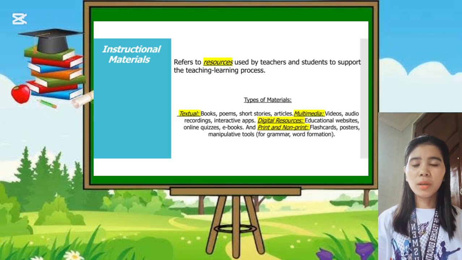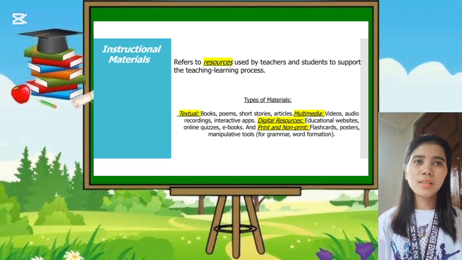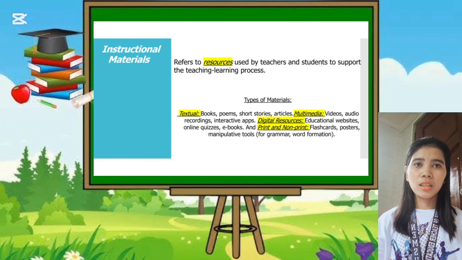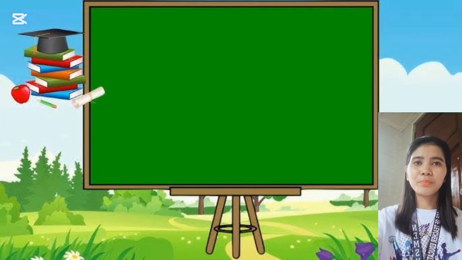These are the types of materials. Textual materials refer to books, poems, short stories, and articles. Multimedia materials are videos, audio recordings, and interactive apps. Digital resources are educational websites, online quizzes, and ebooks, while print and non-print materials are flashcards, posters, and manipulative tools for grammar and word formation.